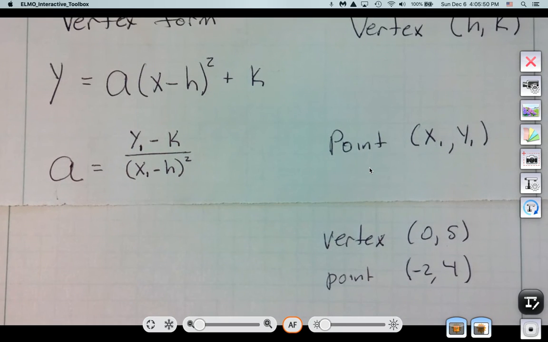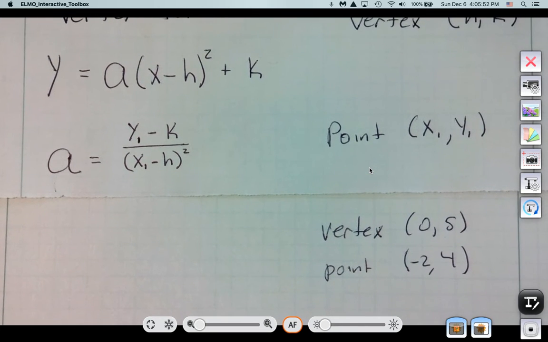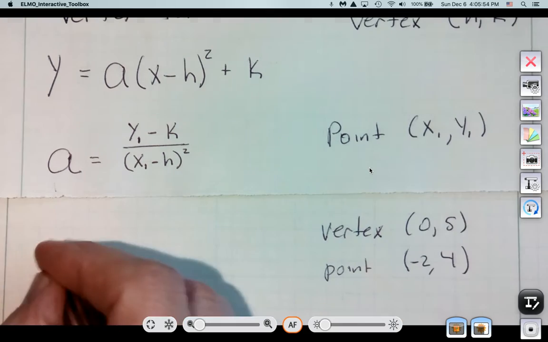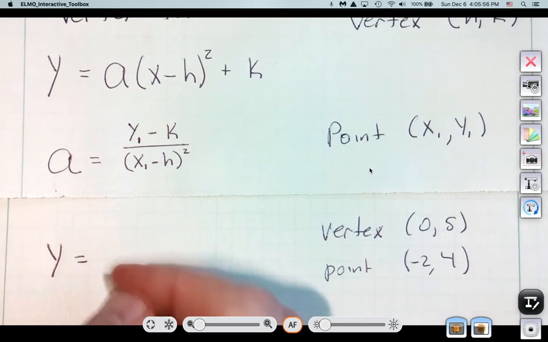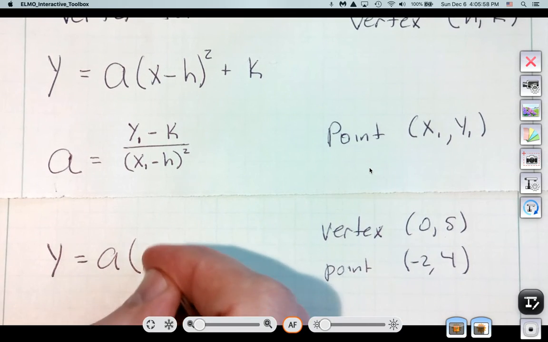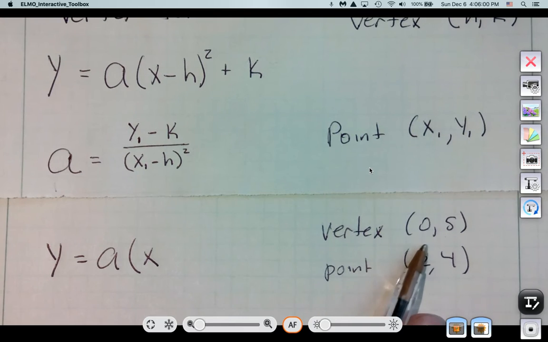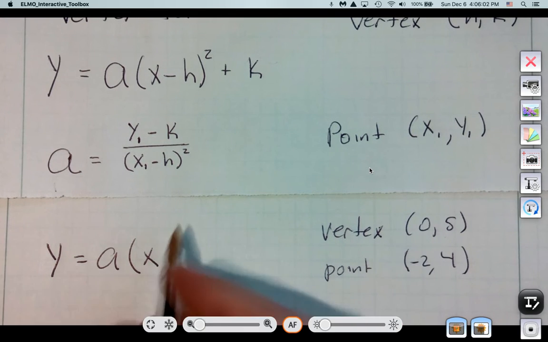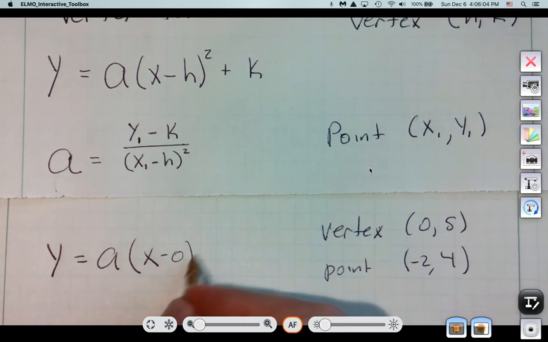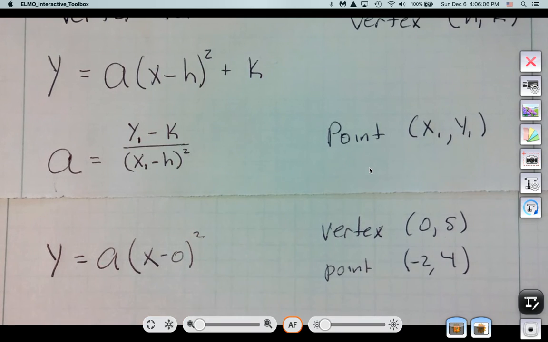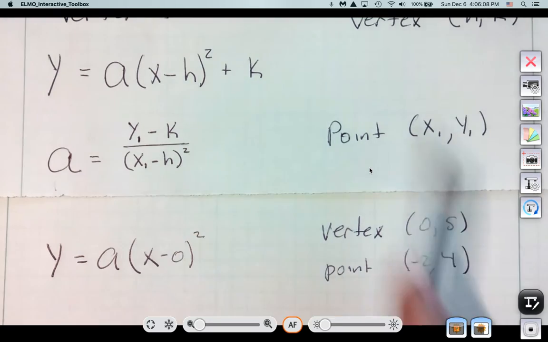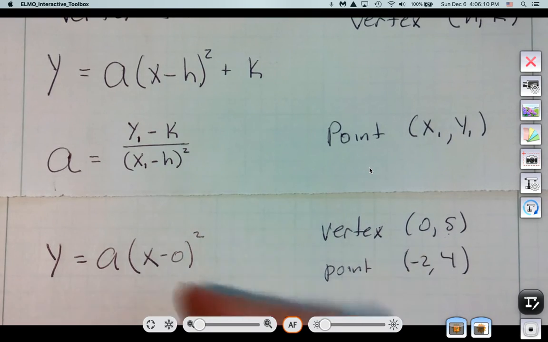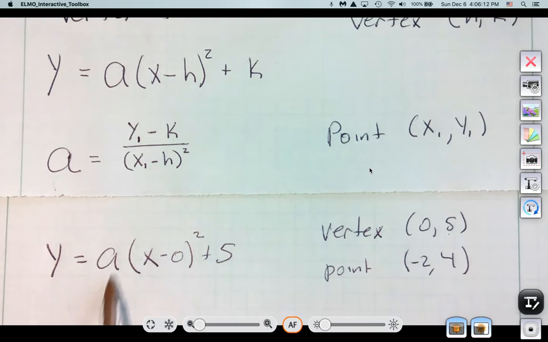Now we can almost write the equation right from this, because I can write y equals, I just don't know the a, parentheses, x. Now my vertex x value is 0, so minus 0, which I wouldn't really actually write. My k value, or my y value for my vertex, is 5, plus 5. So I just need to find a.